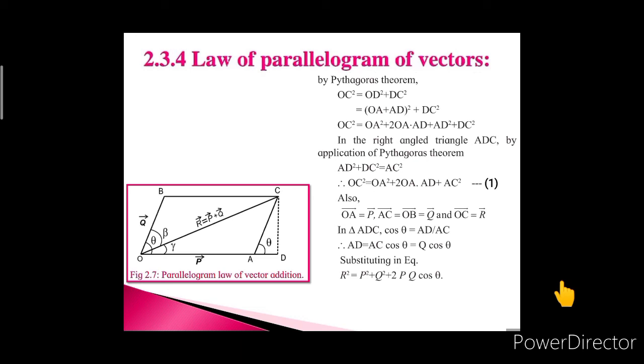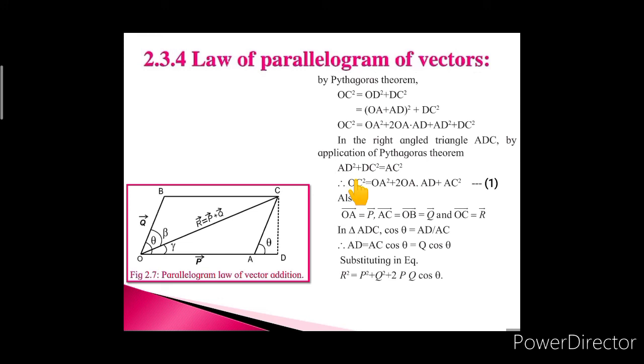value in equation 1. Here we get OC square, where OC is nothing but R. Here we are talking about the magnitude only, that's why we are not putting the arrow sign.